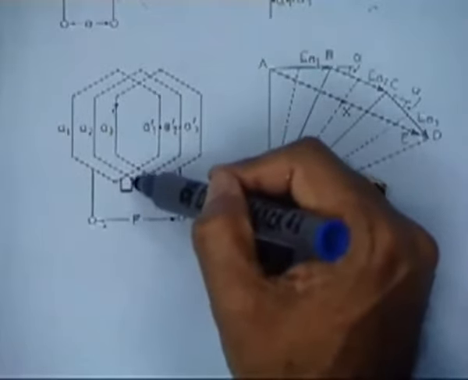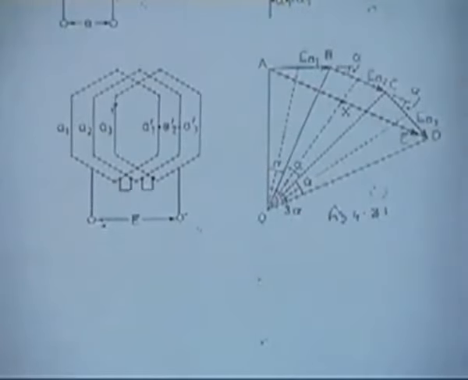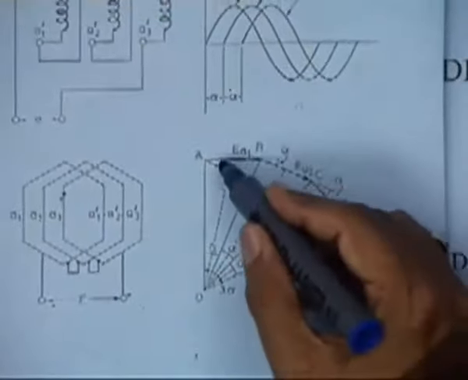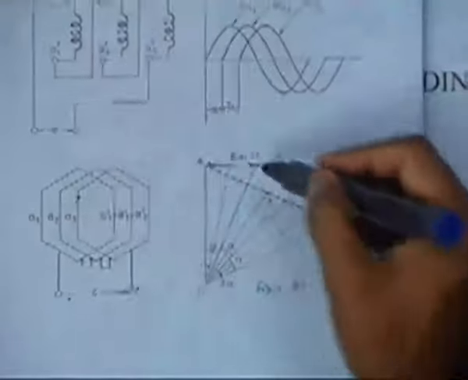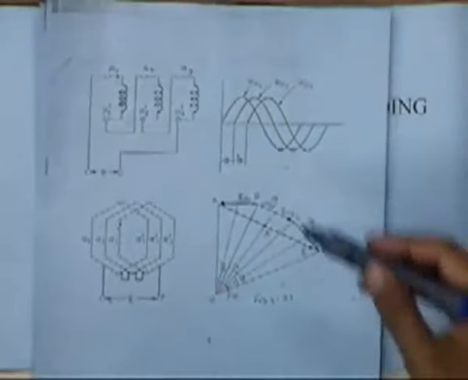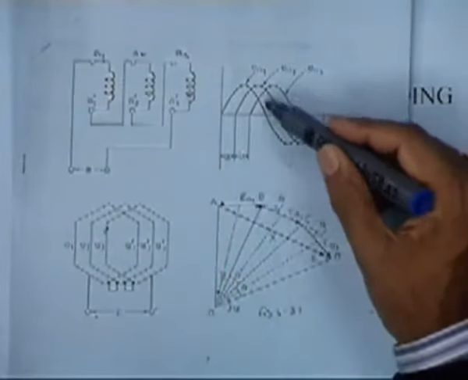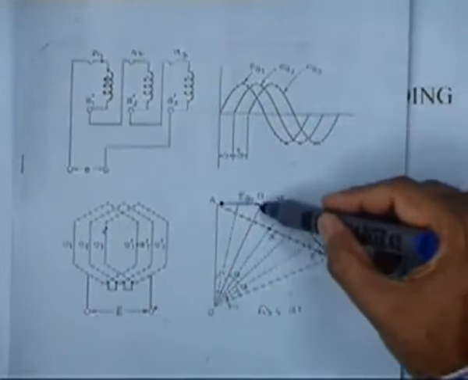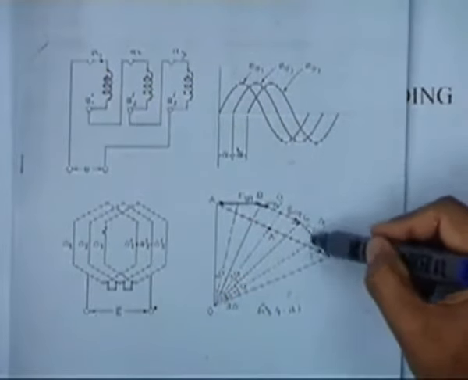That means the end of one coil goes to the beginning of another coil, and so on. The voltage in one coil A1, A1 dash is say AB. The voltage EA1 is this, then EA2 is phase shifted by another alpha, and EA3 is phase shifted by another alpha.